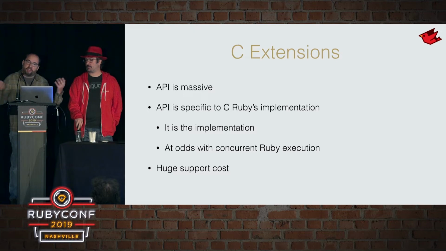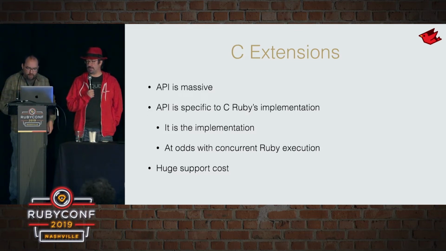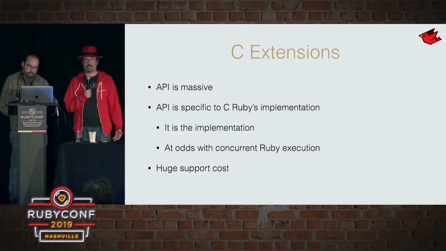If you have multiple threads but you're always locking, then you get behavior like MRI, essentially. All the extra overhead of having to protect the C code basically killed most of the benefits of having C extensions running in the first place. It just didn't gain anything, and it was a huge support cost.